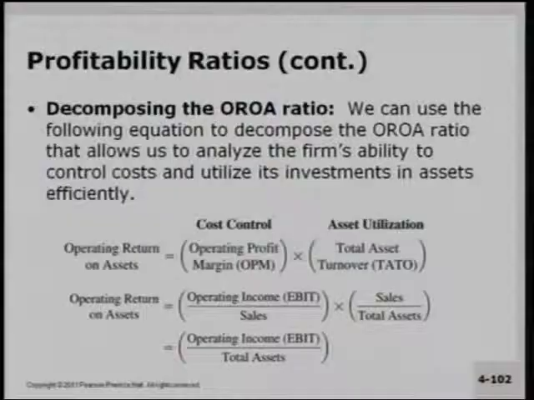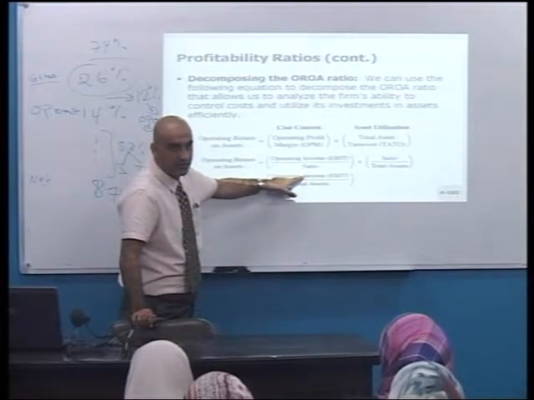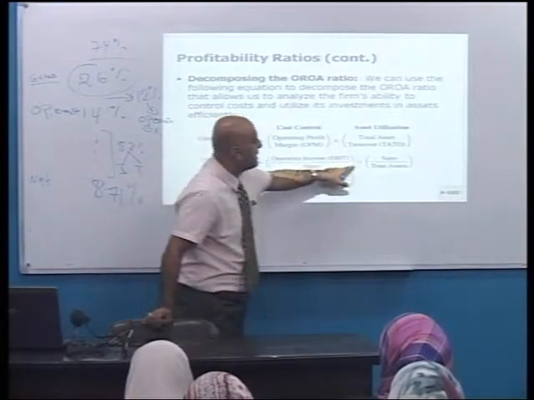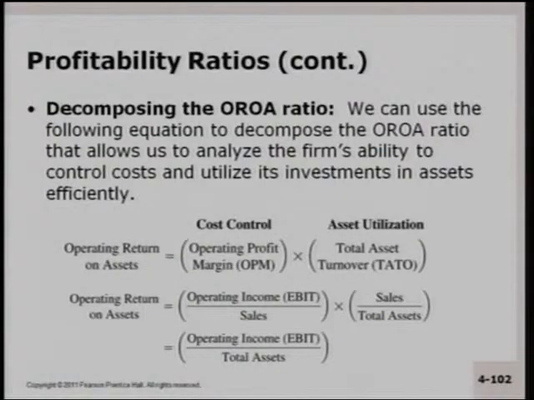Now look at the operating profit margin, which is operating income divided by sales, times sales divided by total assets. This reminds you of the asset utilization or asset efficiency.